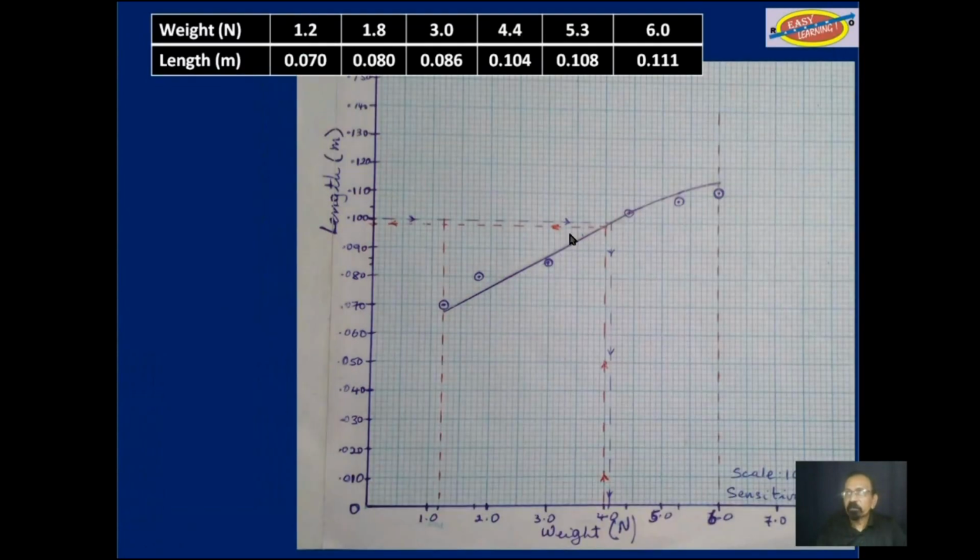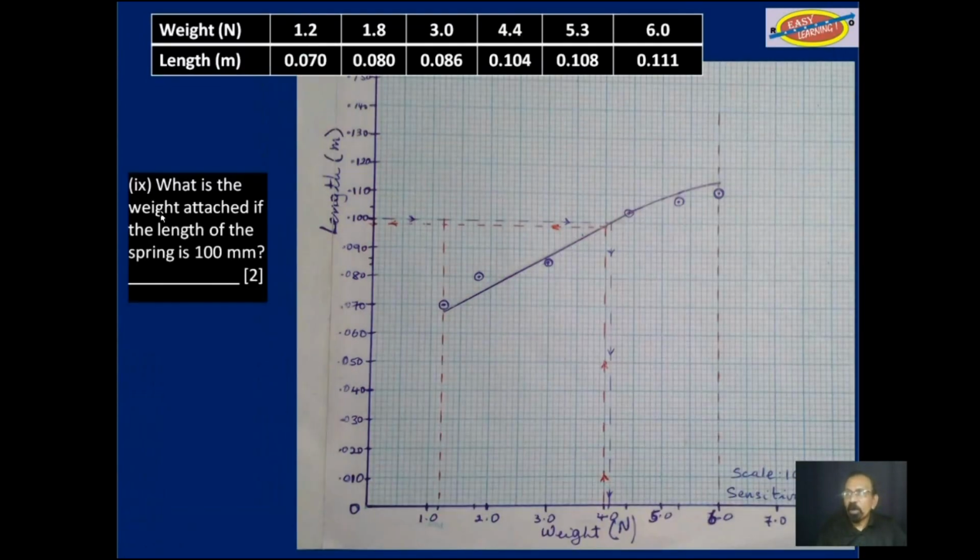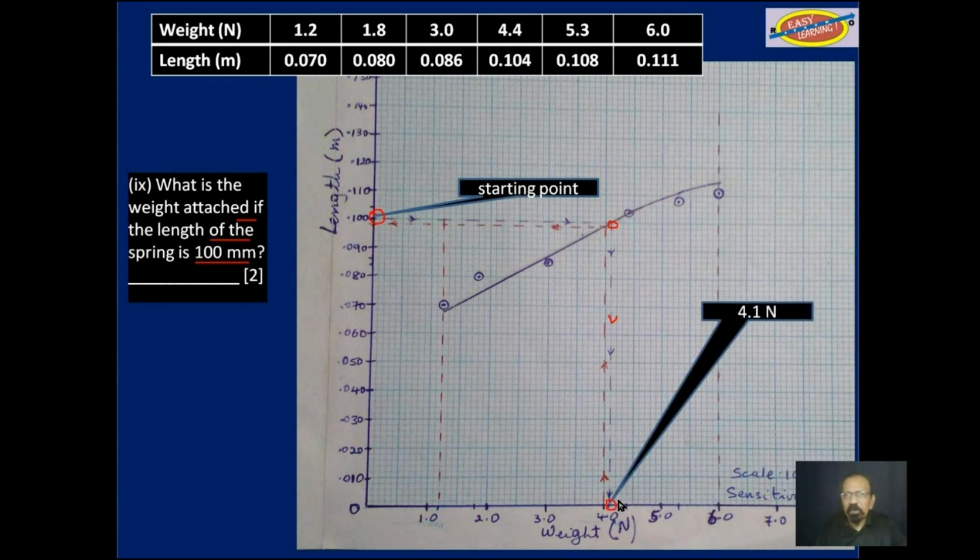Next question. What is the weight attached if the length of the spring is 100 millimeters? Now, 100 millimeters is 0.1 meter, which would be this point here. This time you go to the right, arrive here until you touch the graph, and you come down until you reach here, and you get 4.1 newtons.